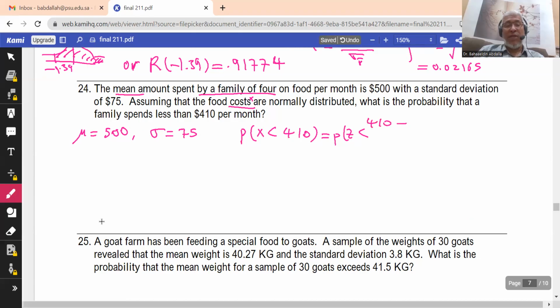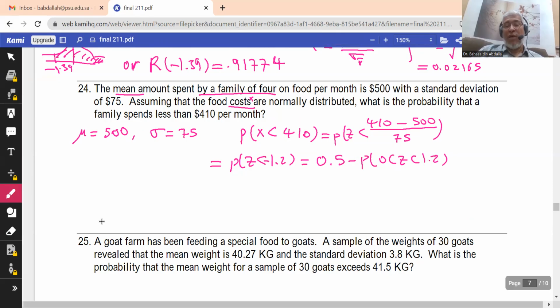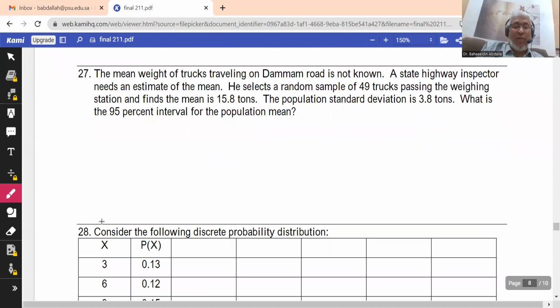So 410 minus 500 over 75. If you use the calculator, this will give you negative 1.2. And you can find this by finding 0.5, as we mentioned, minus the probability that Z is between these two numbers. So you go to the table and look for 1.2.